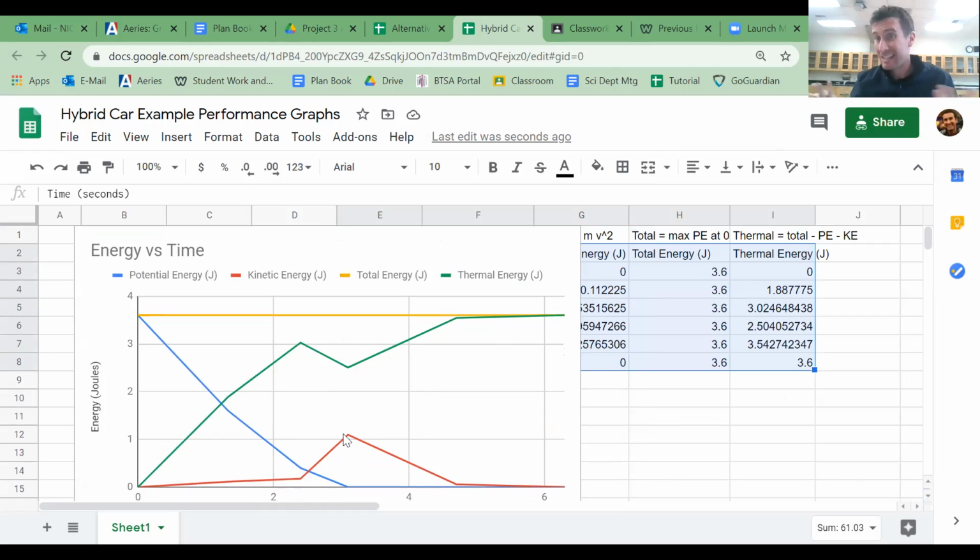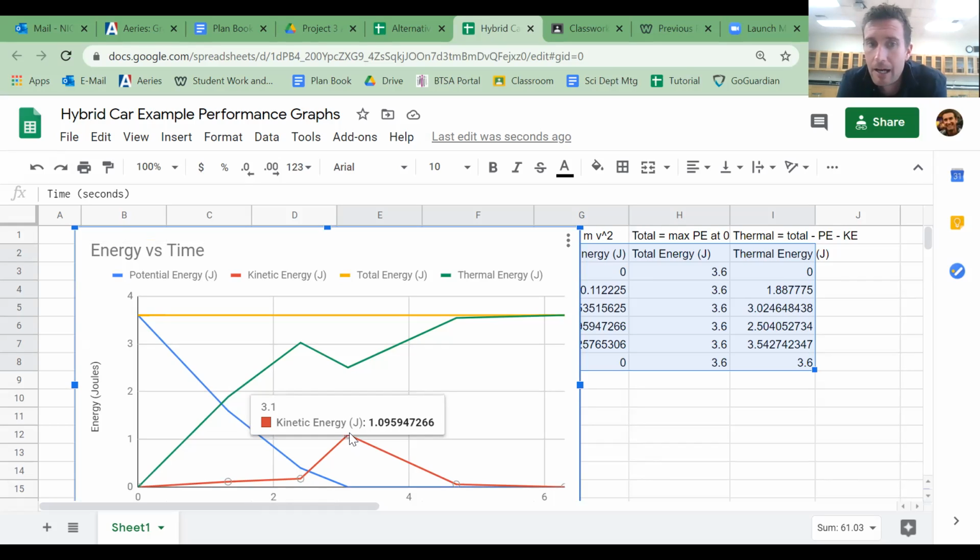And heat is like the most disordered form of energy that we're dealing with here. So I shouldn't have this little downward spot. What that probably means is that I've mismeasured my velocity right there, because my kinetic energy has a really big spike at meter 3, which seems unlikely and unusual. So I think I might have mismeasured my velocity. I might have to go back and check that and smooth that out.